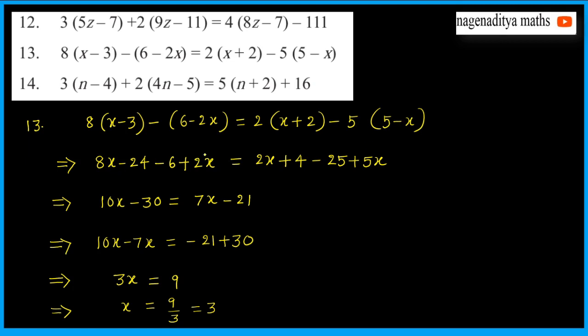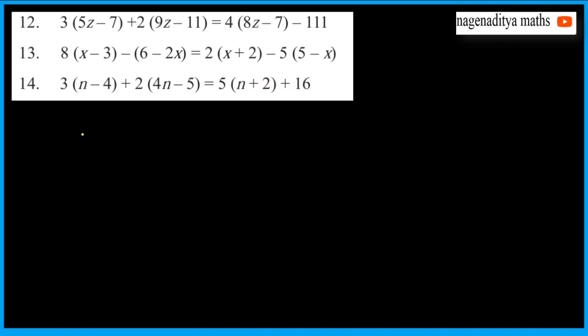So 8x plus 2x is 10x, minus 24 minus 6 is minus 30, equal to 2x plus 5x is 7x, minus 25 plus 4 is minus 21. Taking all the x terms on one side, 10x minus 7x is equal to minus 21 plus 30. So 3x is equal to 30 minus 21, that is 9. So x is equal to 9 by 3, that is equal to 3.